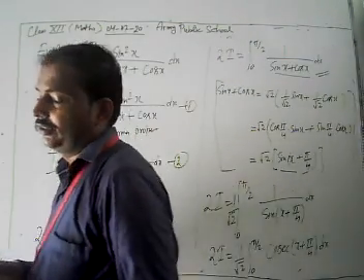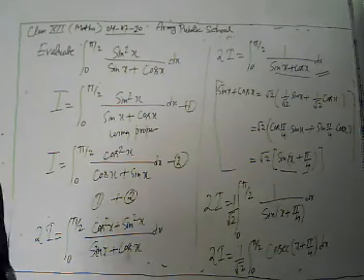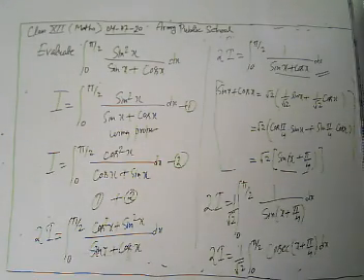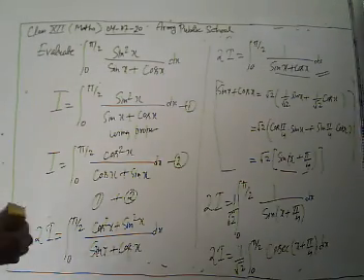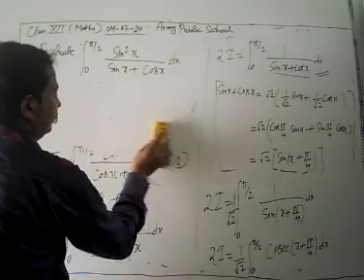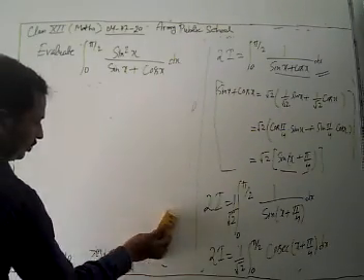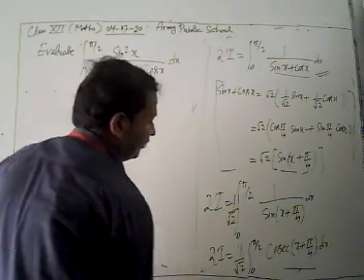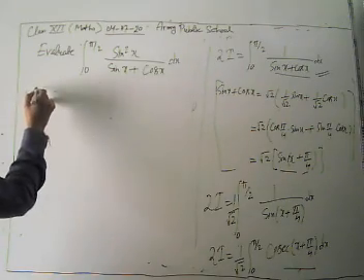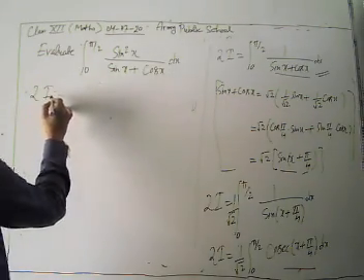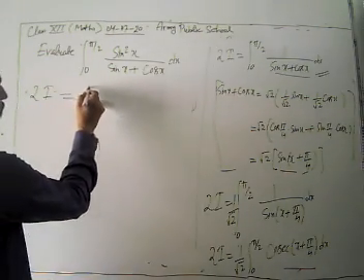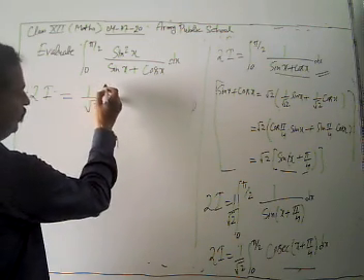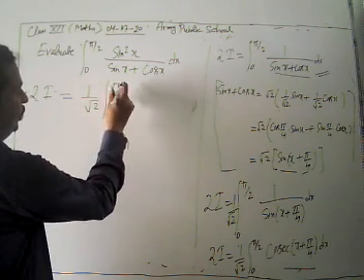Now please learn all these integration values. What is the integration of cosec x dx? It's log of tan(x by 2), or log of cosec x minus cot x. You have to learn these standard integrals. Now 2I is converted to 1 upon root 2, from 0 to pi by 2.